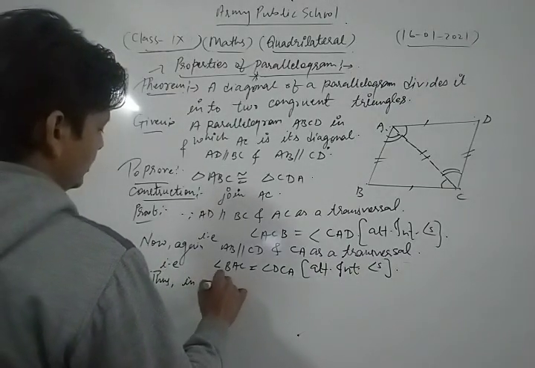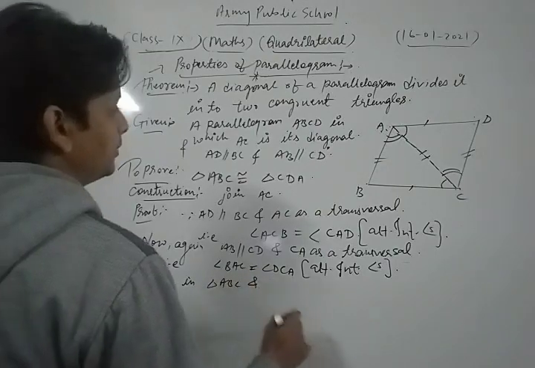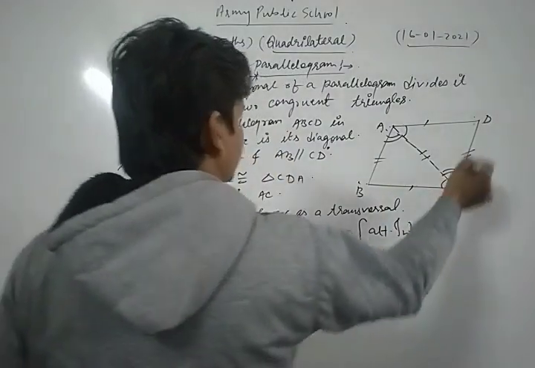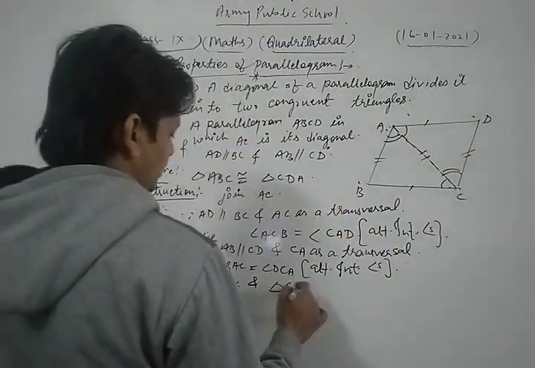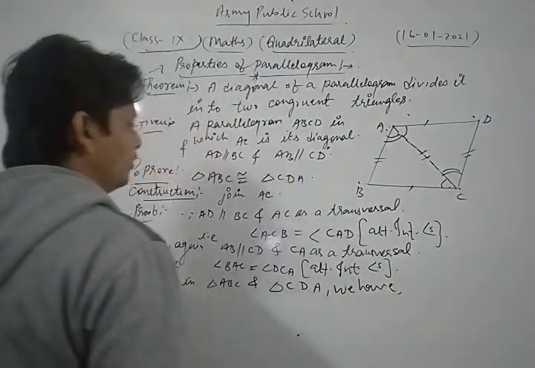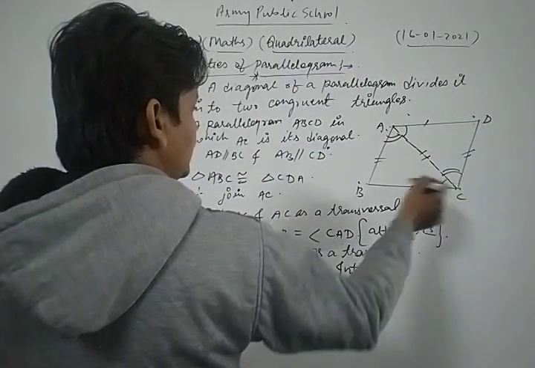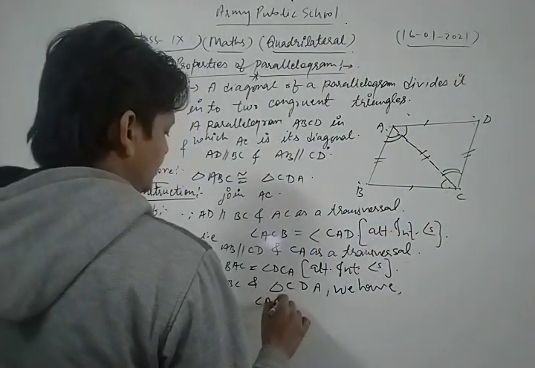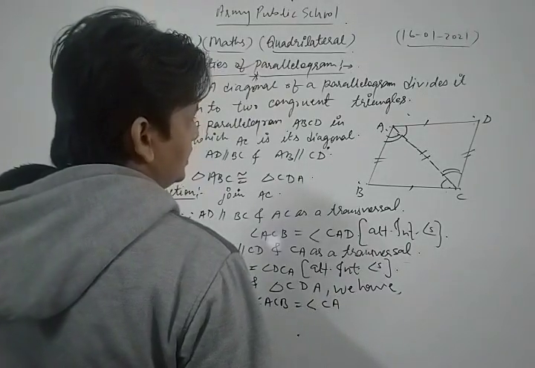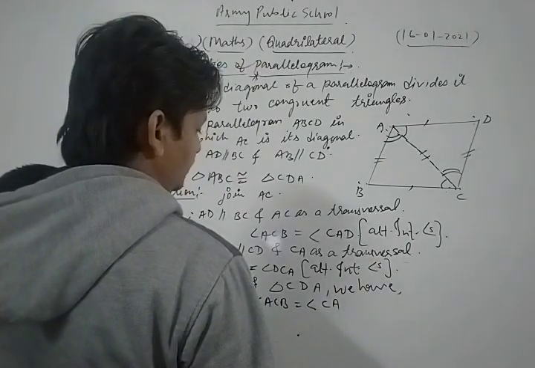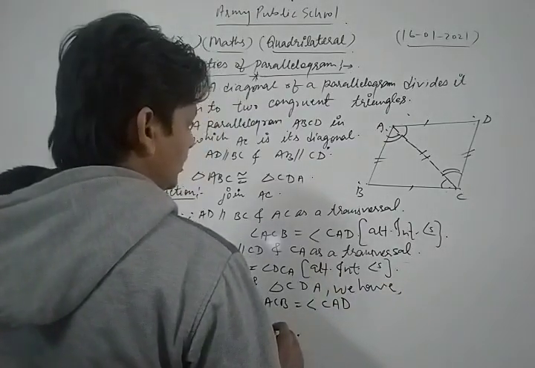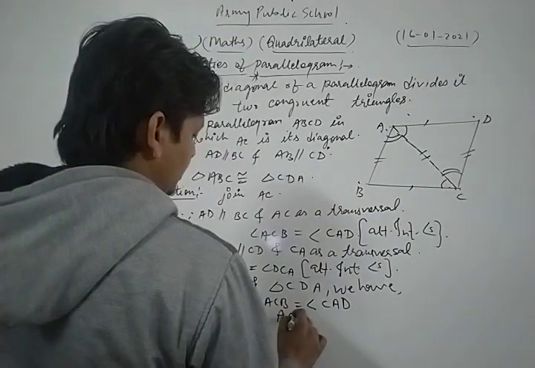Thus, in triangle ABC and triangle CDA, we have angle ACB equal to angle CAD, and AC is equal to AC, this is common.